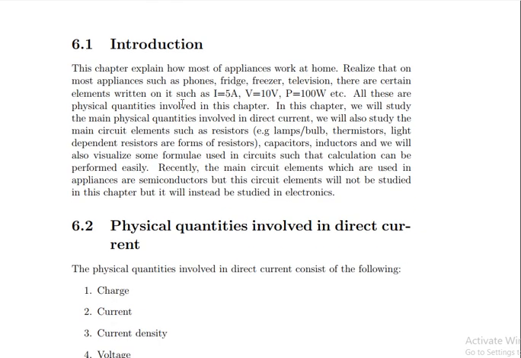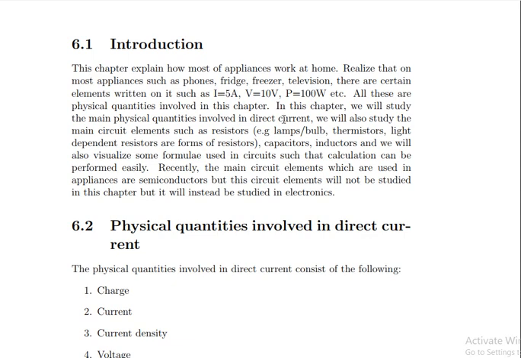Now, direct current is a chapter which is involved in our homes in order for the production of the different appliances. Appliances can be rated with a current of 5 amperes, a voltage of 10 volts, and a power of 100 watts. All these are circuit quantities used to rate certain appliances.